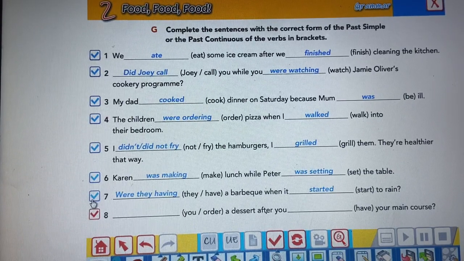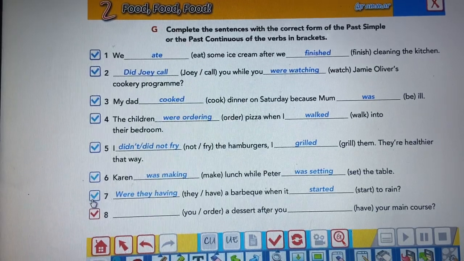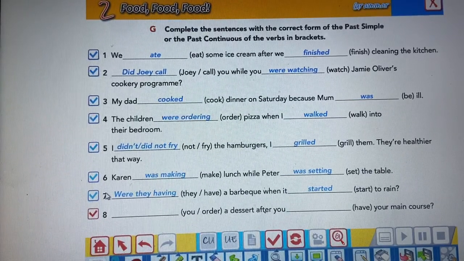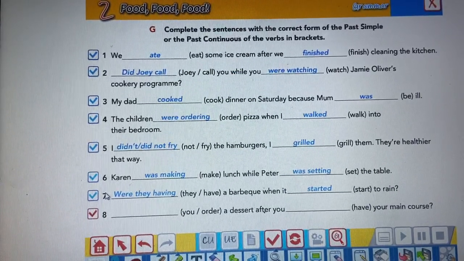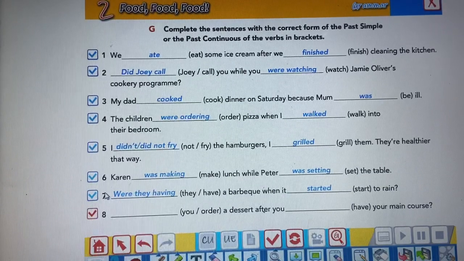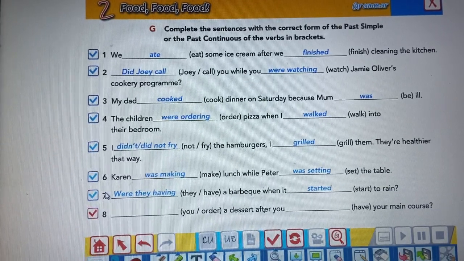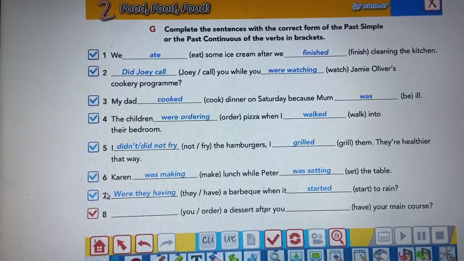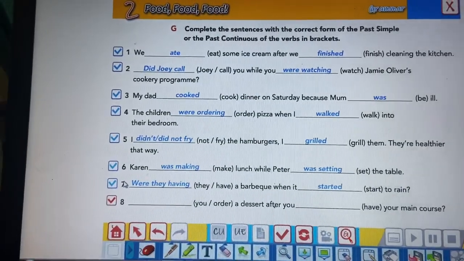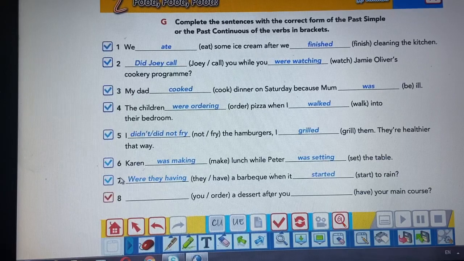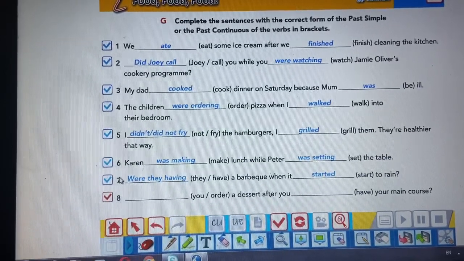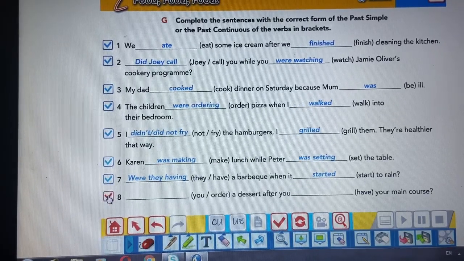You order a dessert after you have your main course. So these actions happened in the past. None of them were in progress while the other one, and the other action interrupted it. So we're going to use the past simple form. Did you order a dessert after you had your main course?